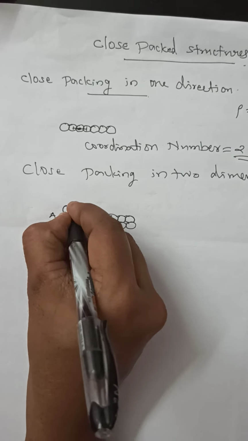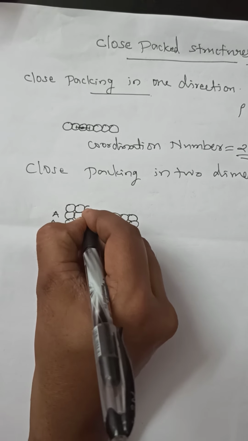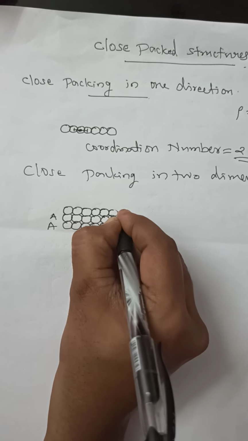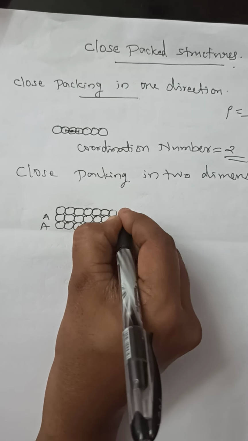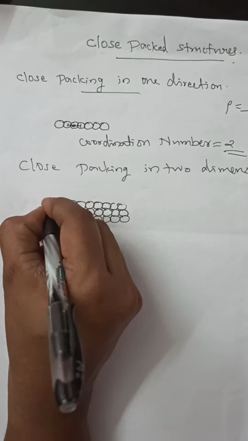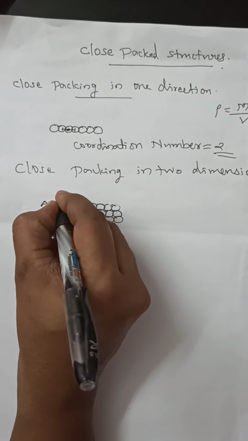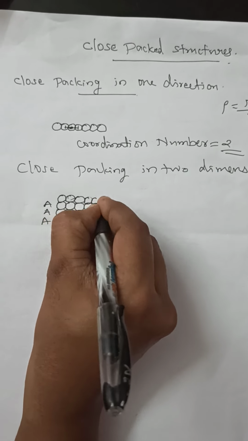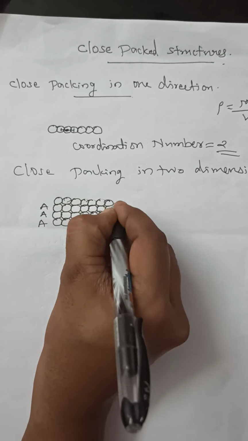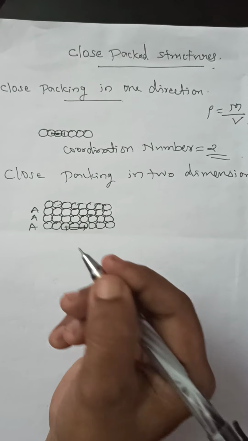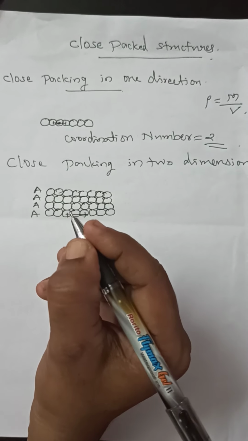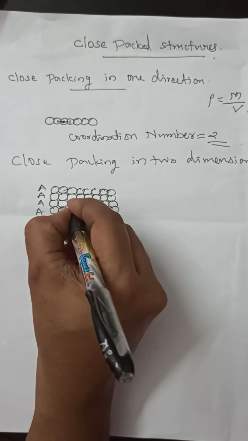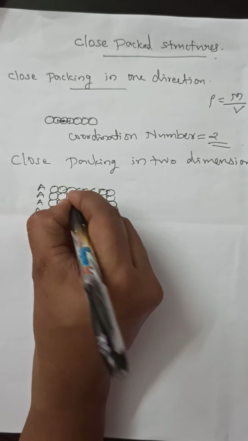And now the third row like this, and the fourth row also. So we can say that it is an AA type arrangement in 2 dimensions. Here you just consider this particular particle.